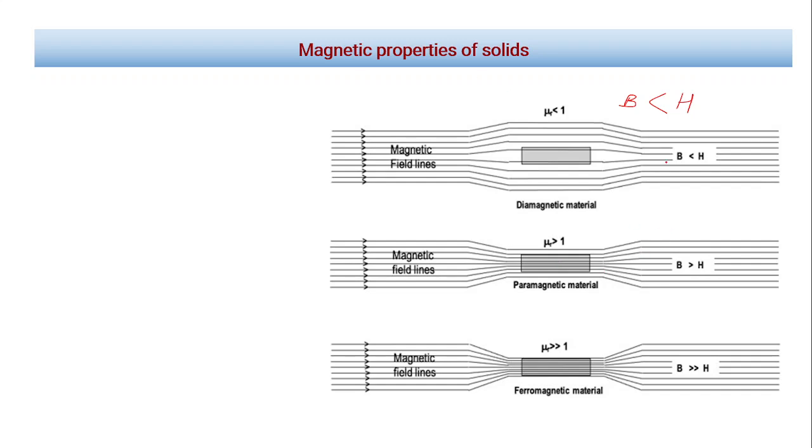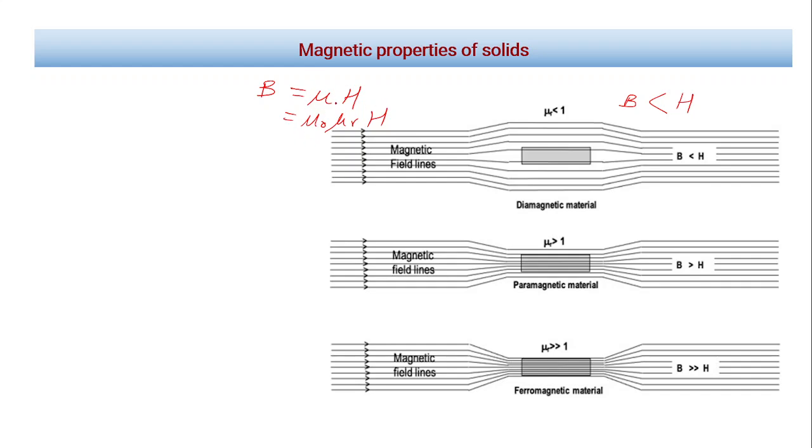You must have already seen this in this week's lecture, the relation between B and H also, that this is the relation, and depending on the value of mu, which is permeability, B is the response to H. So for materials where permeability is less than 1, although this is relative permeability, permeability is actually the product of relative permeability and permeability of free space.